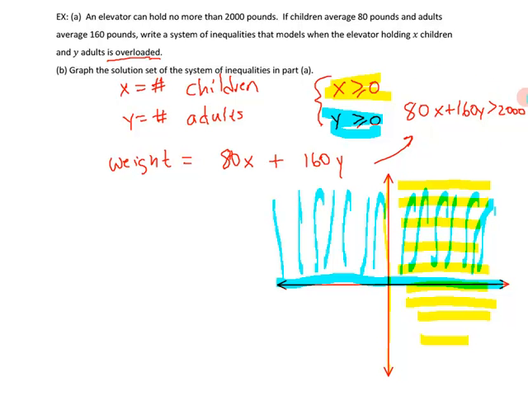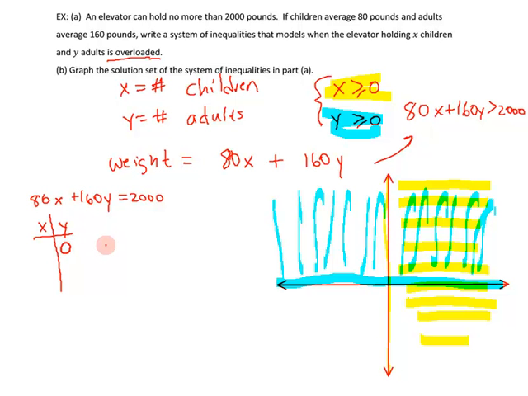Now, where am I in there? I'm going to graph this inequality right here. So take 80x plus 160y greater than 2,000, and treat it as an equals first. Graph that line using x and y intercepts.